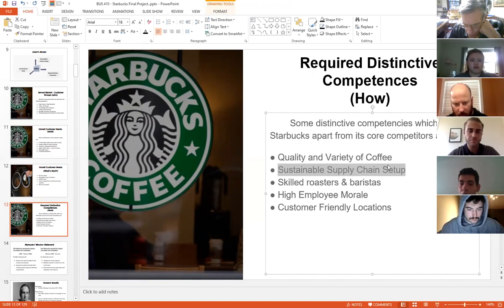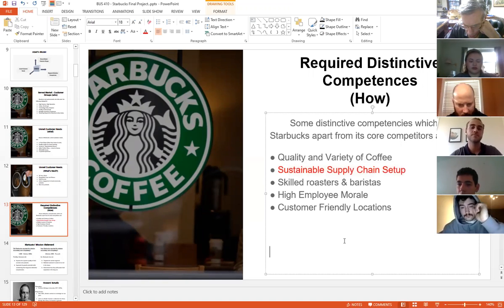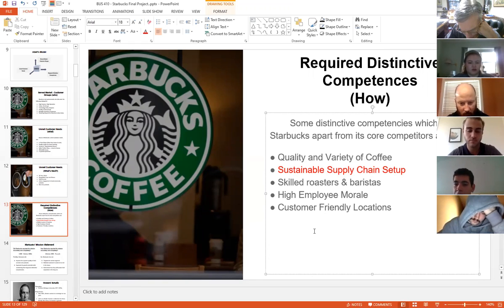What do you think this means here? Let's see if I can set it off for us so we can see it better. But sustainable supply chain setup, what's that mean? Yeah, so I mean, it's pretty much all the way from the farms, right? Like the way they harvest the coffee beans.